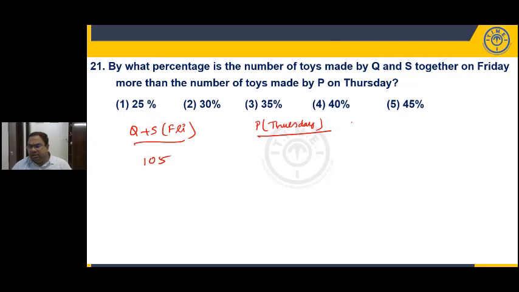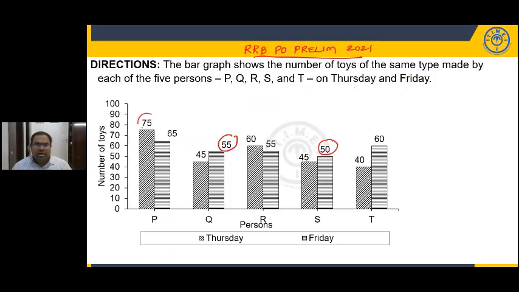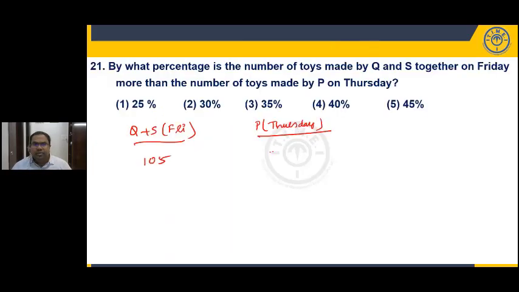More than P on Thursday. P on Thursday, 75. What percentage more? Difference 30, divided by the smaller value, the opposite of more, 75, into 100. 25 fours, 25 threes, 3 goes 10 times. 10 into 4, 40%. Option 4.